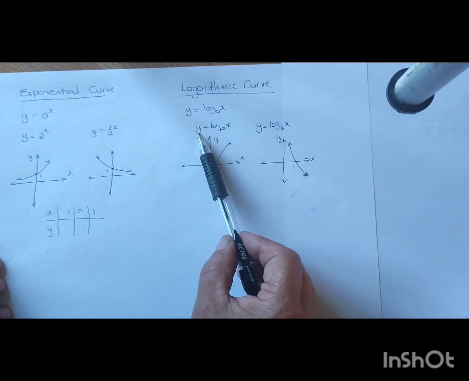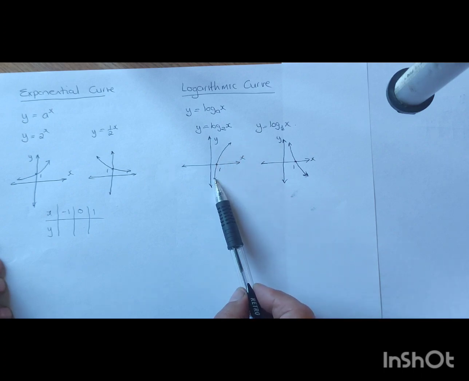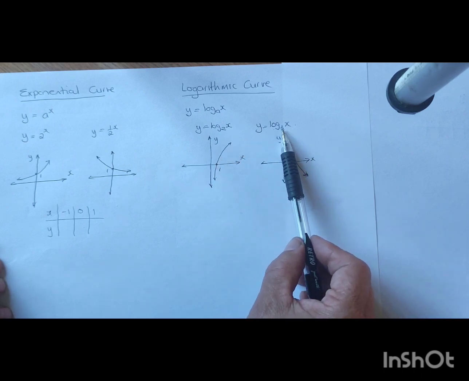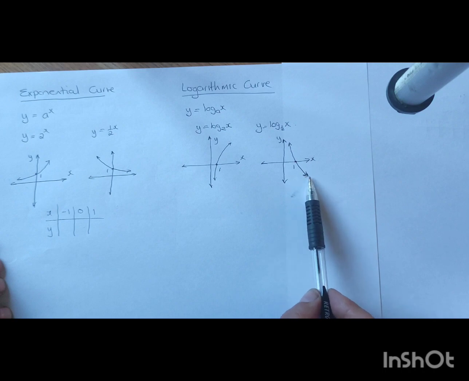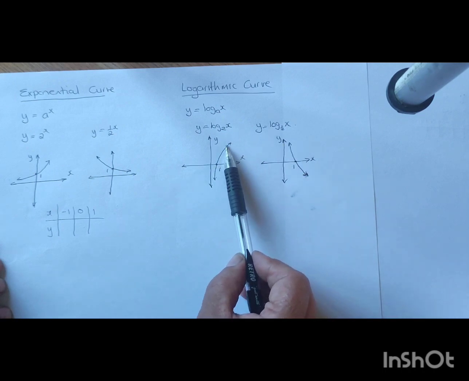For example, the graph of y equals log 2 of x will be on this side, and log half of x will be on this side, but the incline will be this way, and that one will go out this way.